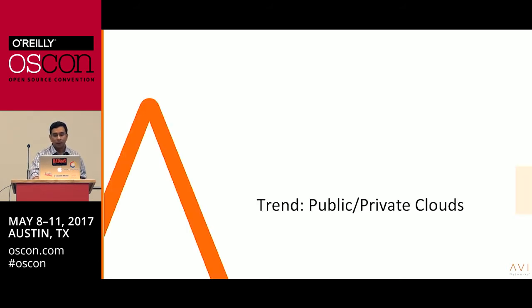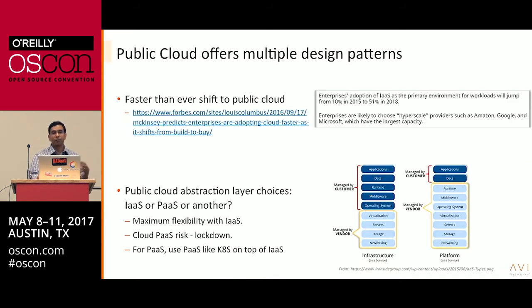The other major trend in how applications get deployed is moving rapidly from the traditional way of provisioning VMs to a more self-serve model, or an API-driven model, where you have access to infrastructure as you need it, whether it's in your own data center or in the public cloud. Public cloud offers several choices. For shrink-wrapped applications, you probably want to go with SaaS.